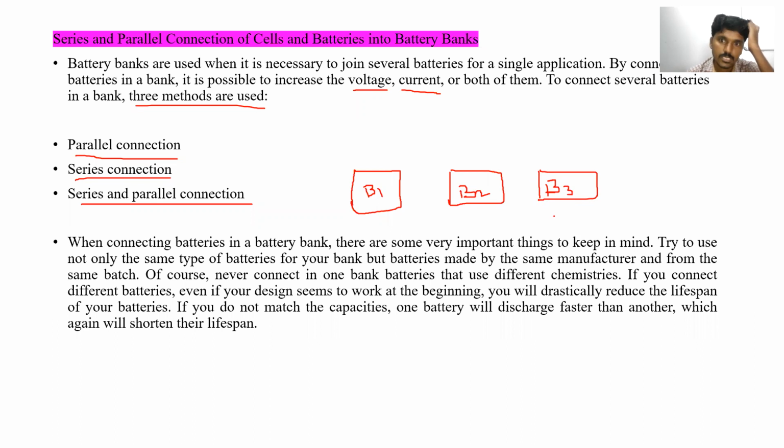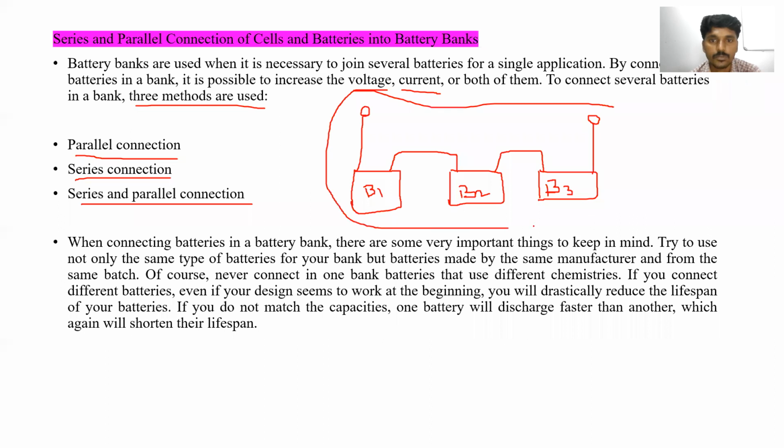These are the three batteries, and using these three batteries we are going to form a battery bank. For example, the negative connects to the positive, the negative connects to the positive, with one terminal here and one terminal there. This is the total one battery bank formed.